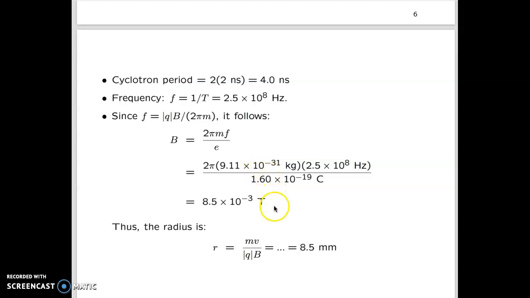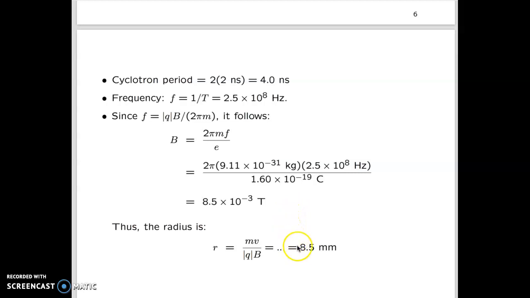That's 9.11 times 10 to the minus 31 kilograms. We knew what the speed was. We had calculated that. Magnitude of q is just e, the elementary charge, 1.6 times 10 to the minus 19 coulombs. And the magnetic field is what we just calculated. So we make those substitutions into this expression for the radius, and out comes 8.5 millimeters.